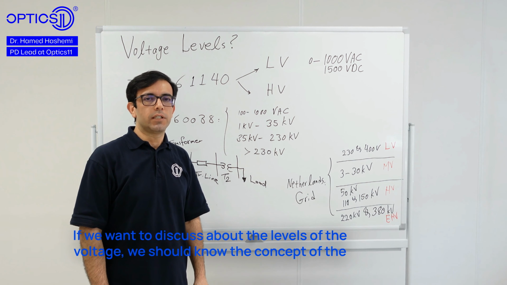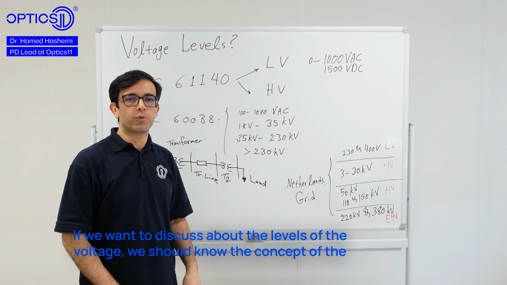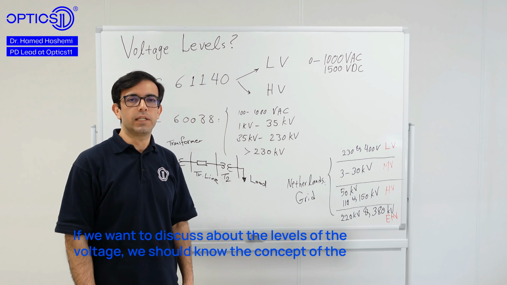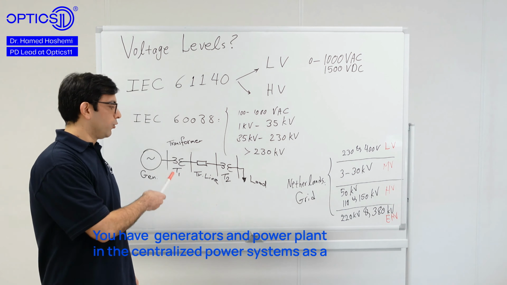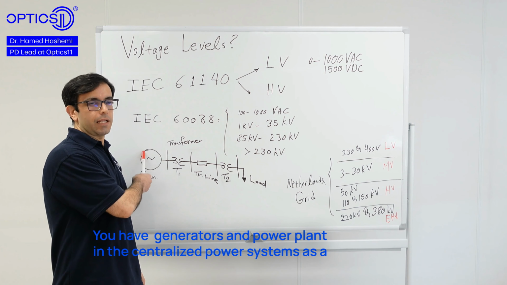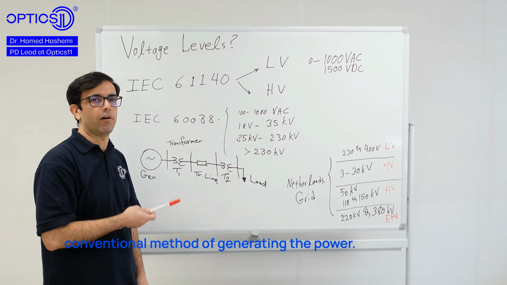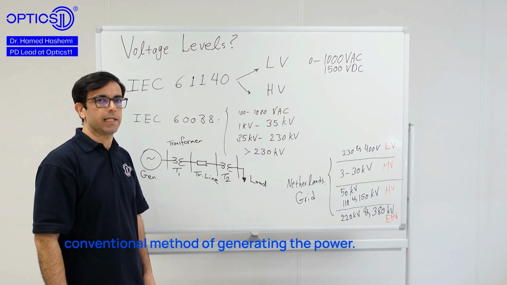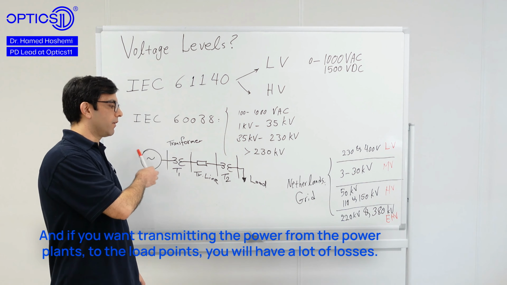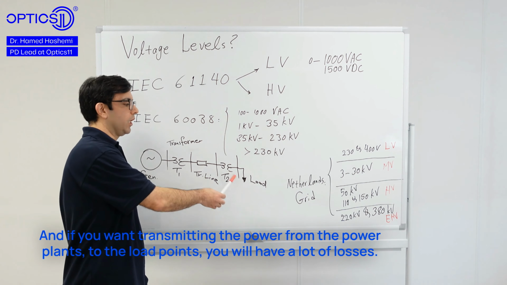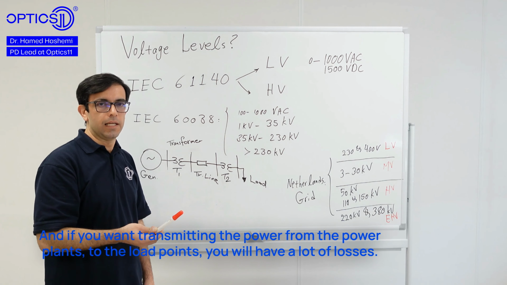If we want to discuss the levels of voltage, we should know the concept of power transmission in the power system. You have generation in power plants in centralized power systems as a conventional method of generating power. If you want to transmit the power from the power plants to the load points, you will have a lot of losses.